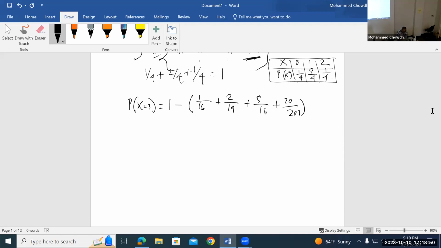Okay. After that, now we want to find mathematical expectation. Previously we learned mean equal to X bar, right?